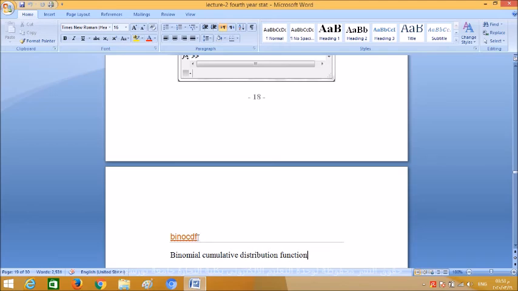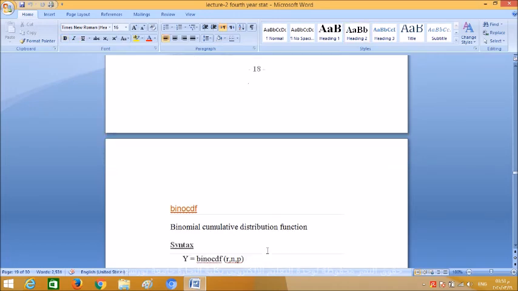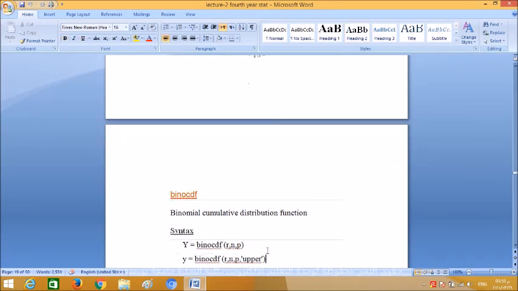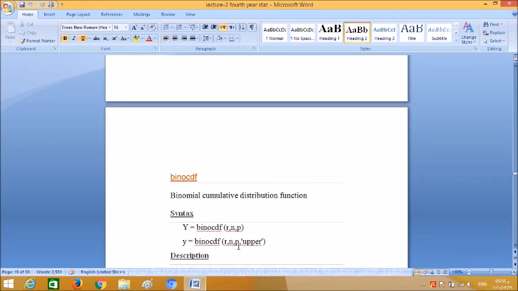Okay, this means binomial cumulative distribution function. Syntax: y equal binomial CDF, the same entries R, N and P. Okay, the second syntax is y equal binomial CDF, R, N, P, and upper.